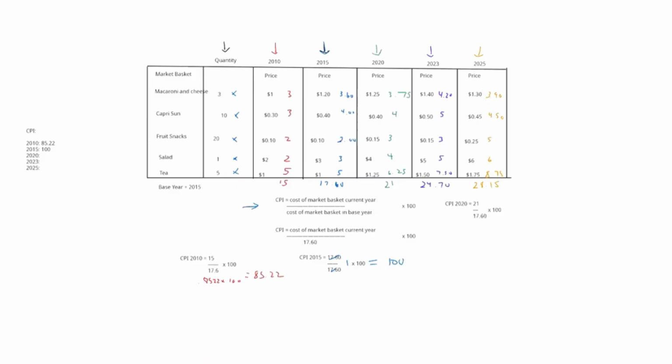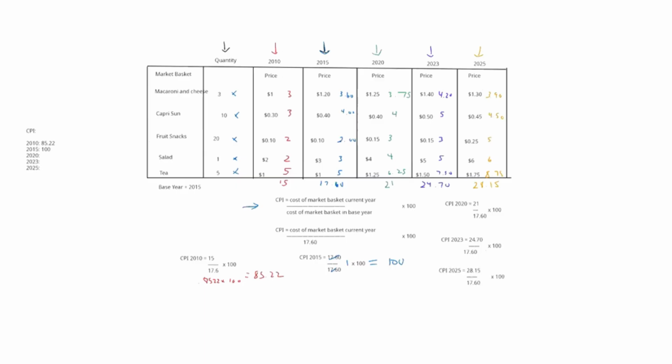CPI 2023 is going to be equal to 2470 divided by 17.6 times 100. And then CPI 2025 is going to be equal to 2815 divided by 17.6 times 100.